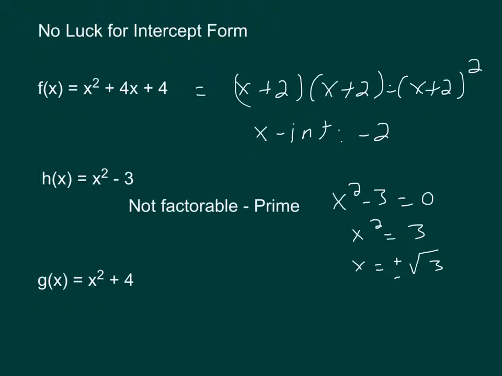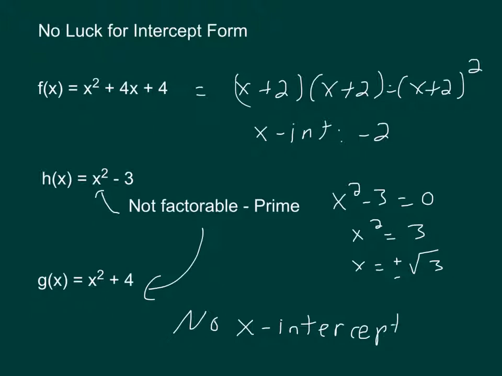And then finally, the final example, x squared plus 4, it's also not factorable. It's prime, just like h of x was. But in fact, this has no x-intercepts. And that's something we'll look at in the future as well.